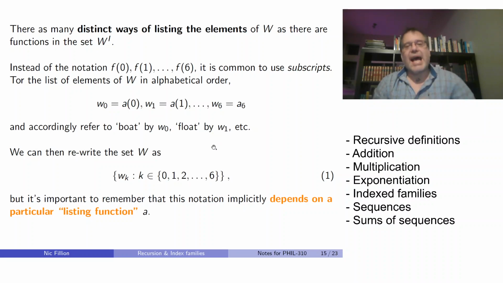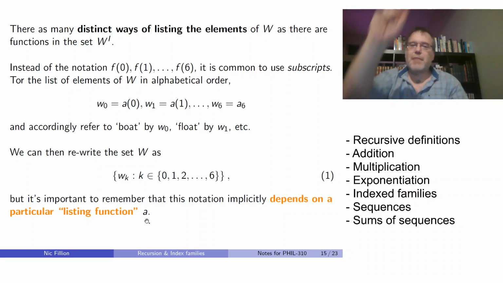And if we have listed and indexed all the elements in the set W, then we can redescribe the set W as the set w_k such that k is in the index set, which is a cool notation that you may have encountered before, right? But what is important to notice from our point of view here is that if you see a description like that, it depends on an underlying listing function a, right?